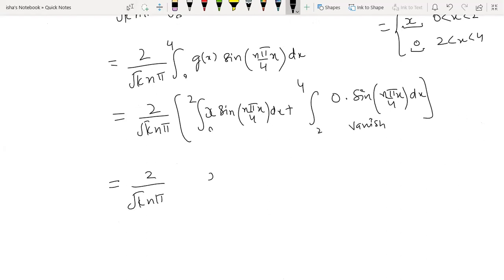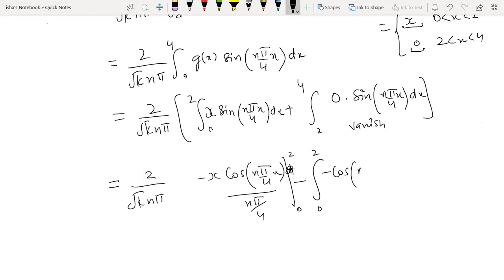So it's first function into integral of second, minus, and don't forget the limits, integral of derivative of first into integral of second. So cos we have, and this is 2 by square root k n pi.